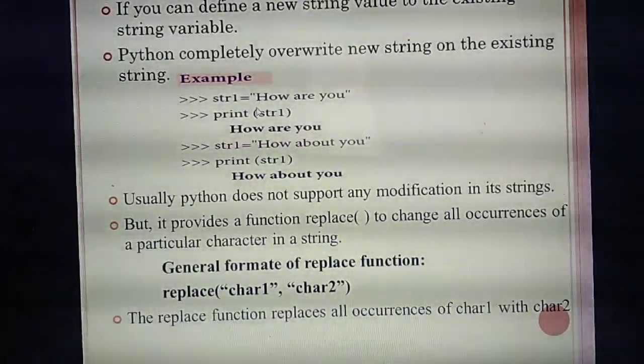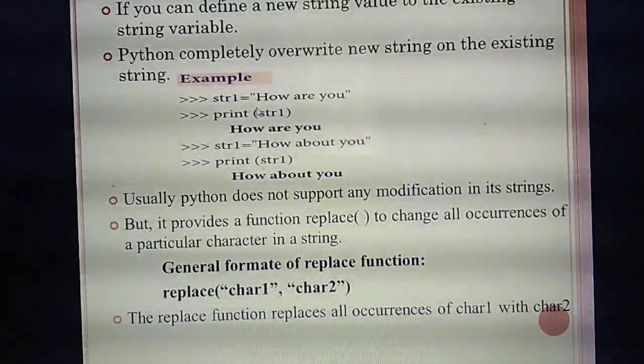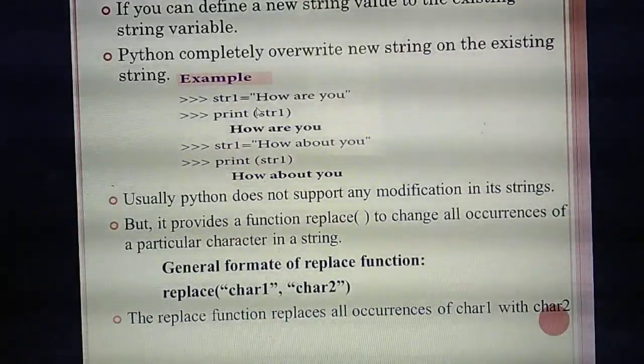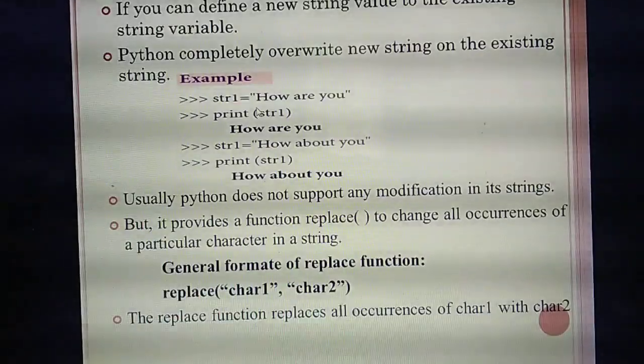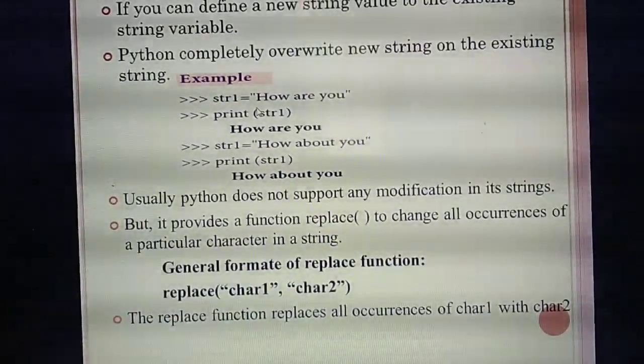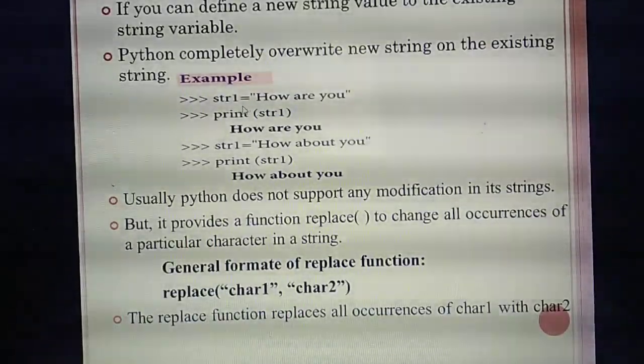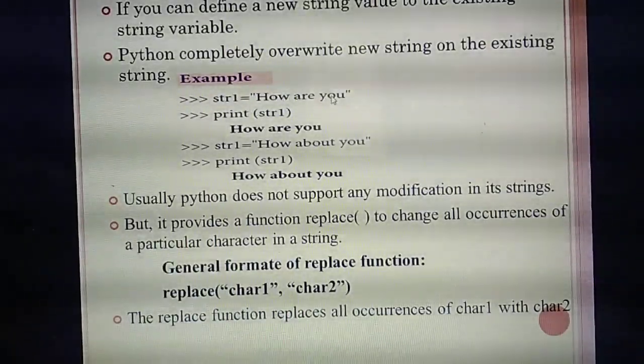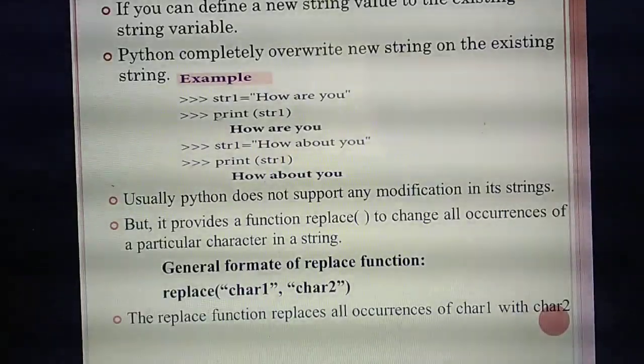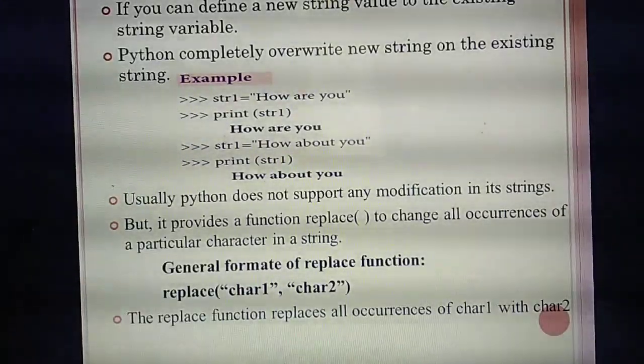Now they are printing. Always you need to define one string, then print, and only then make changes. First you need to define the string, then print. After that you can make changes. So first str1 they have given one sentence, how are you, inside double quotes. Next print str1. So what output will you get?